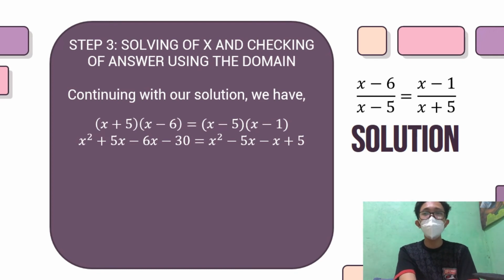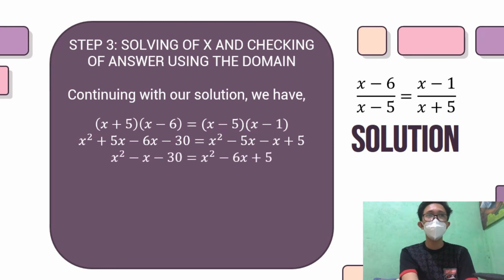So, simplifying or combining like terms, we have x squared minus x minus 30 is equal to x squared minus 6x plus 5. So sabi ko nga kanina, lahat na may variables dapat nasa left side of the equation. Lahat naman ng walang variables is nasa right side of the equation. So magiging x squared minus x squared minus x plus 6x is equal to 5 plus 30.